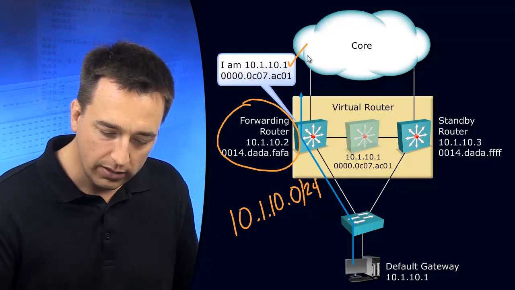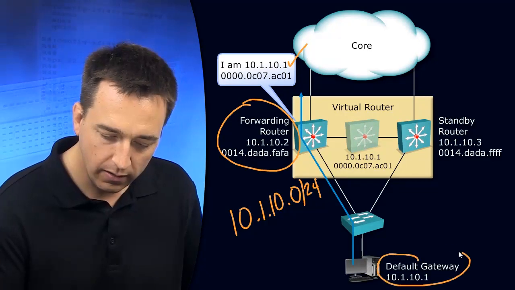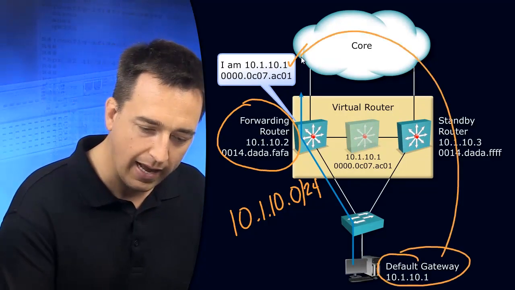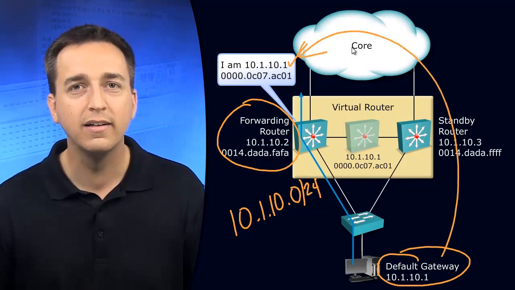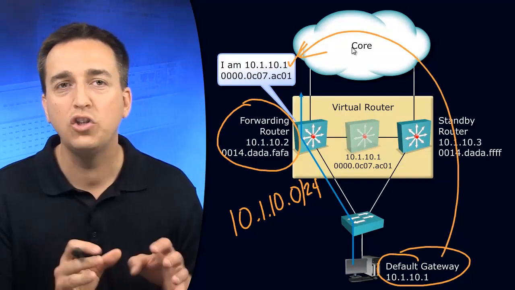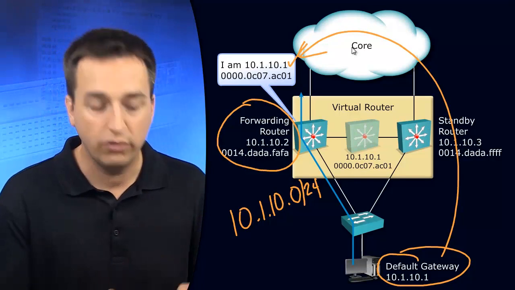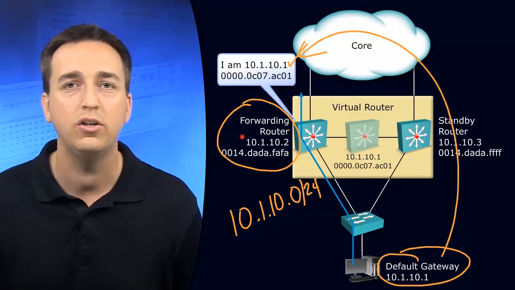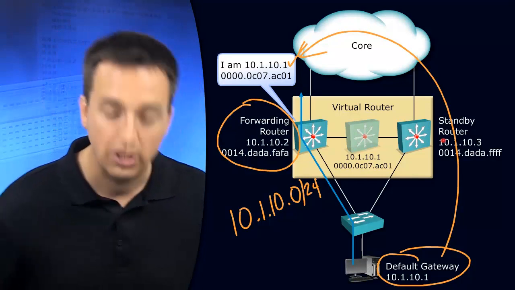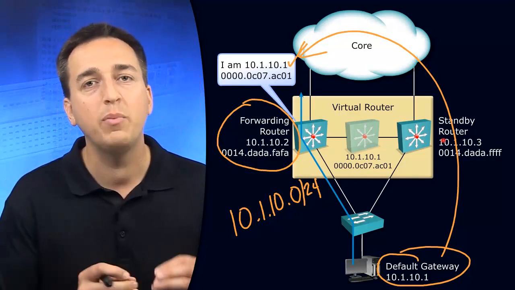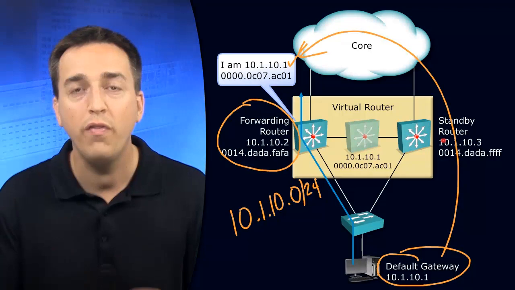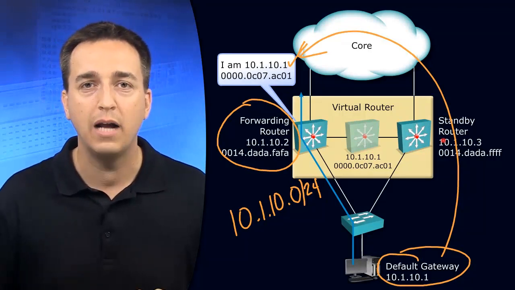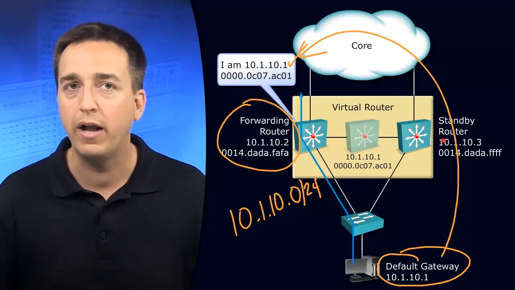And if you notice, the client is pointing to that address. You see that? The client is not using the IP address on the physical interface of the router. No, it's not 10.1.10.2 anymore, and it's definitely not 10.1.10.3. It is the IP address 10.1.10.1, the virtual router. It's the IP address that is now the default gateway IP address.